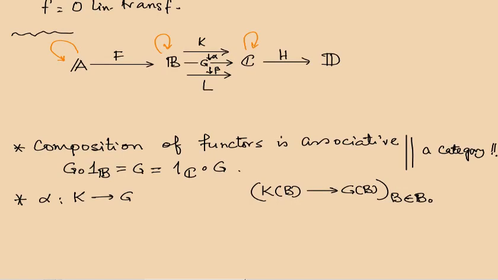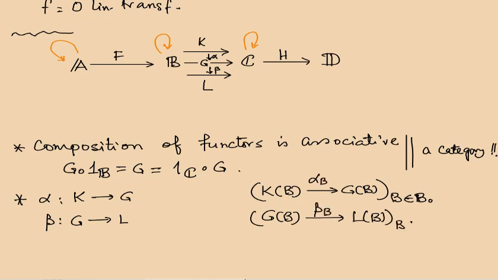And what was beta? It was G to L, so GB to LB. This was alpha B, this was beta B. Okay?